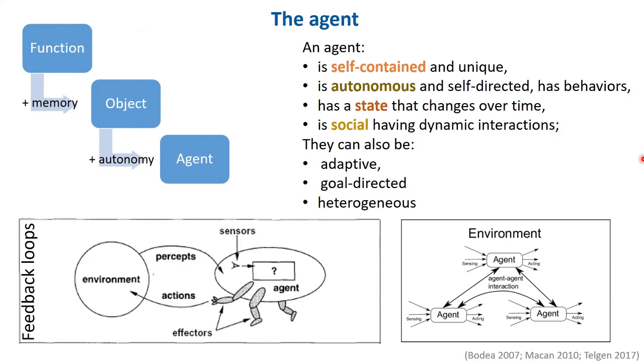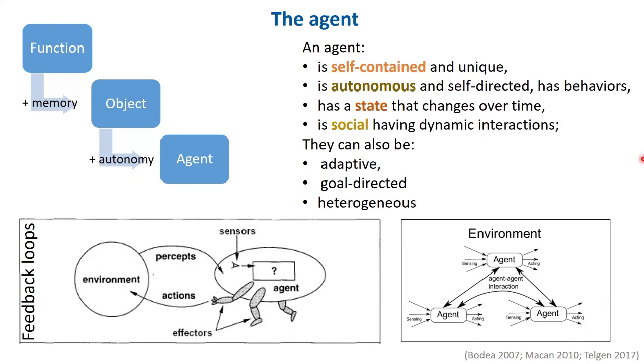So the agent is, as I said, self-contained. They have autonomous system states. They perceive some cues or signals from the environment, and then they decide based on that. So basically, they are quite complex functions which have memory of past events, which is somehow integrated into their states.